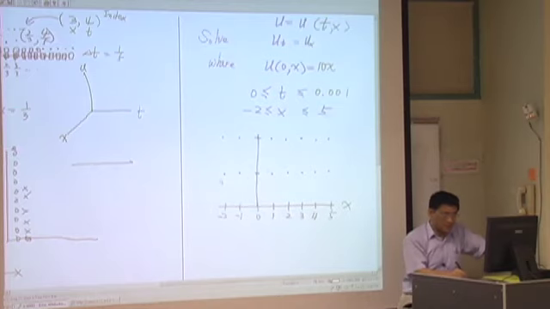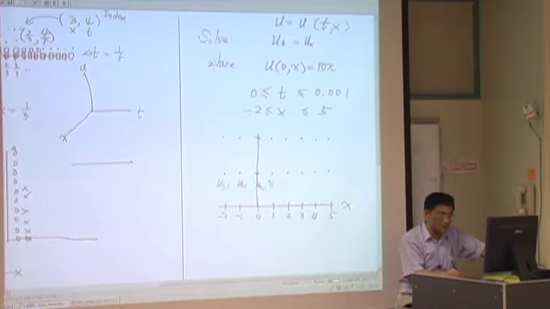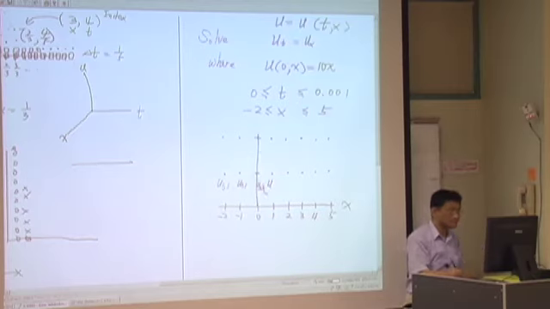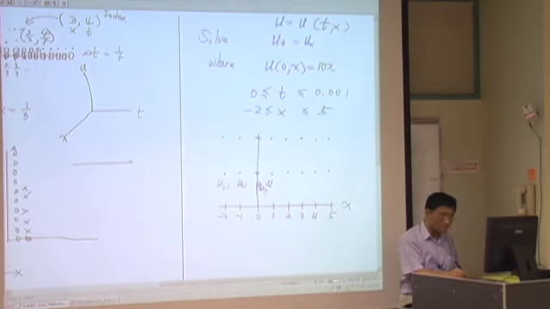So let's call this U11, U12, and so on. I mean U21, sorry. U21, U22 here, and then U31, sorry. 3 1, 4 1, 5 1, and then U12 here, right?